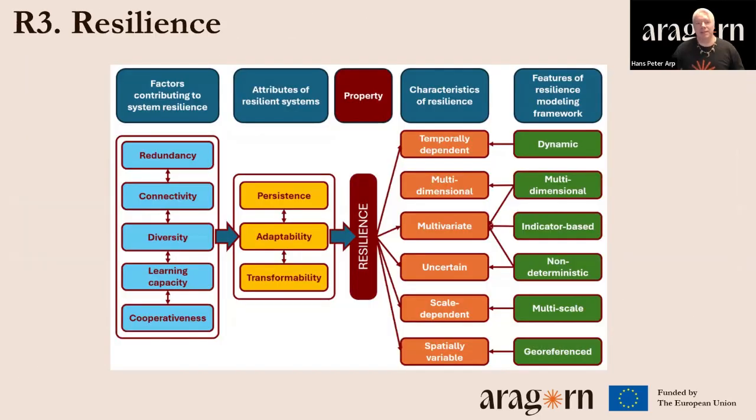And this is also just showing a general approach. It's not being specific, but you can have different properties that we are assessing for in resilience. It can be soil health, it can be erosion, and then we have a different step for understanding the factors that are contributing to that system resilience, and then eventually how we're going to do that modeling through a framework. And there's different ways to do it.